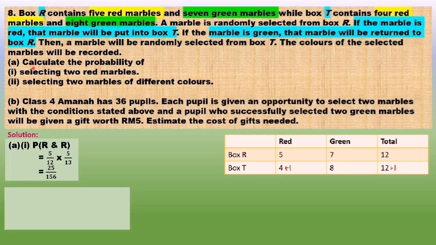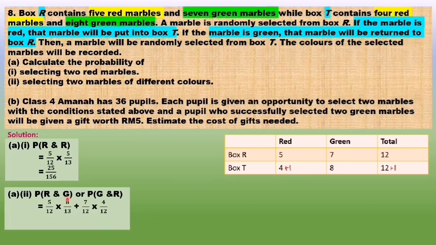A2. Calculate the probability of selecting 2 marbles of different colors. So, the probability of getting a red marble from box R and a green marble from box T, or the probability of getting a green marble from box R and a red marble from box T. So equals 5 over 12, getting a red marble from box R, so the red marble must be put into box T. So the total marbles in box T is 13.